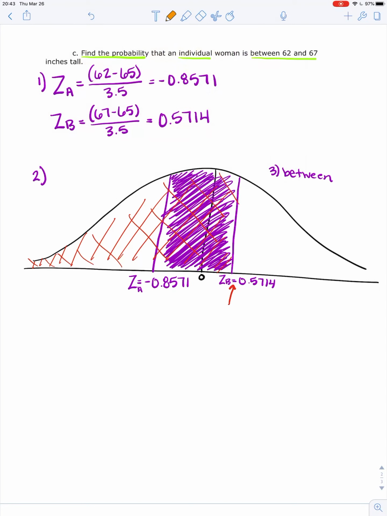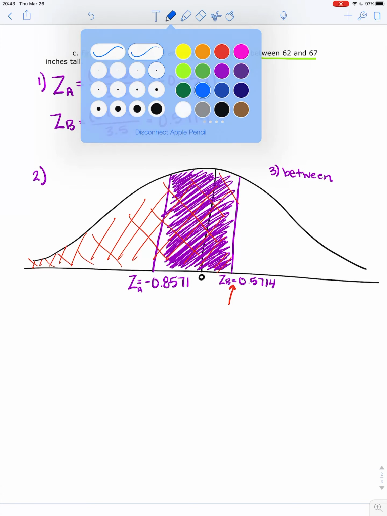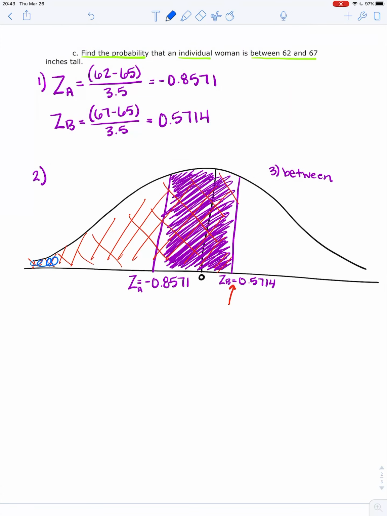But if I plug in ZA to Excel, that's going to give me this area, this swirly area that I just colored in.